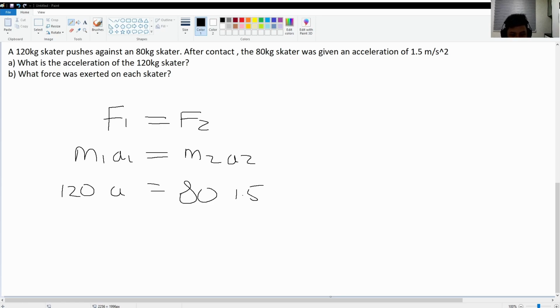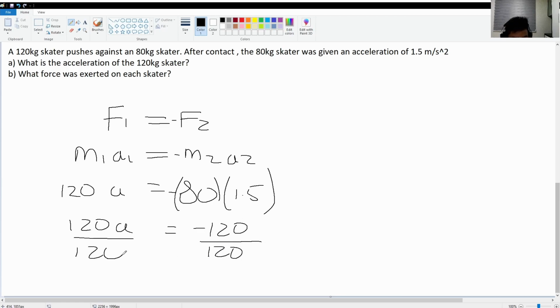So now I'm just going to solve this, which is 120 a1 equals, sorry, this is negative, so negative 80 times 1.5, which is negative 120.